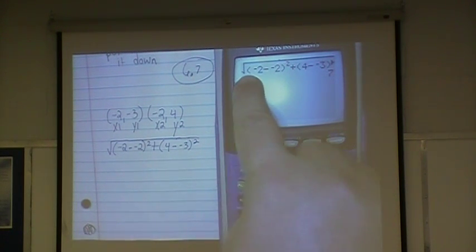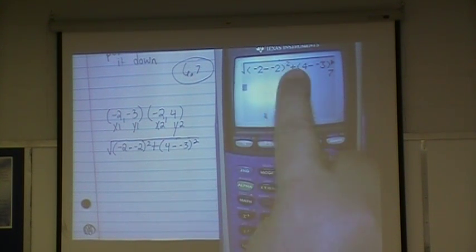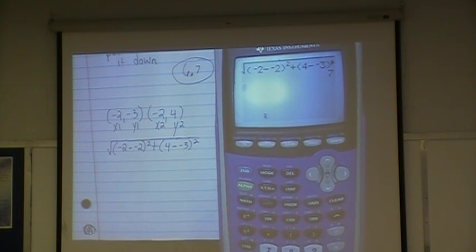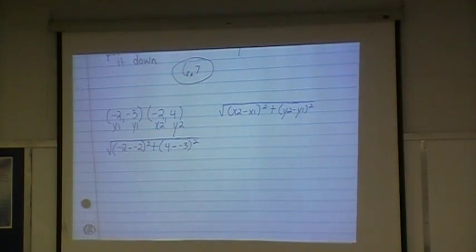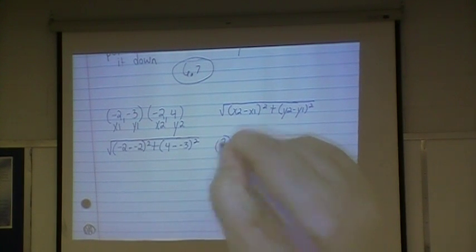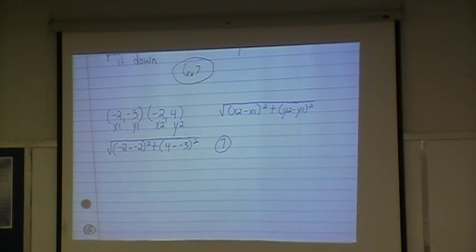Did you put a -2 or did you use a minus button? Did you square it? Did you close it? Did you put plus in between it? Alright, so the distance is 7.